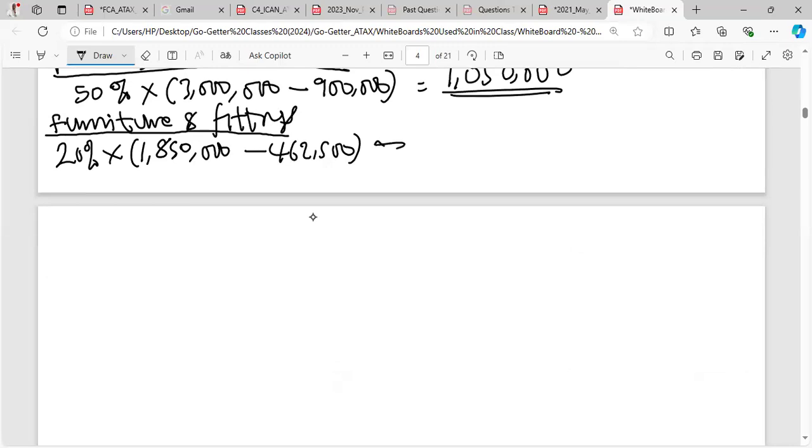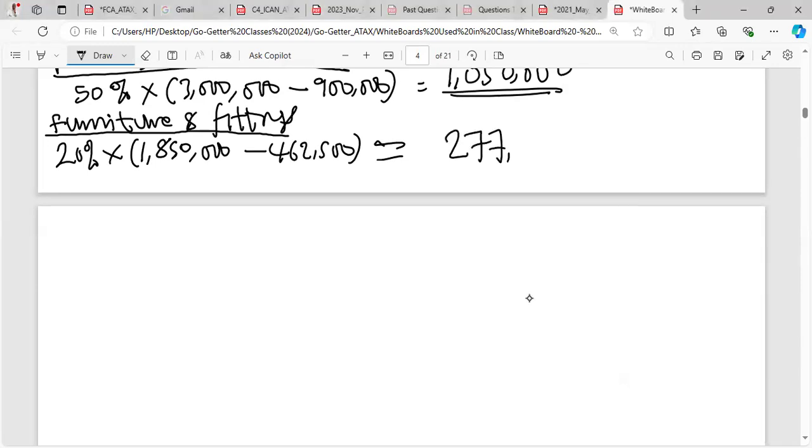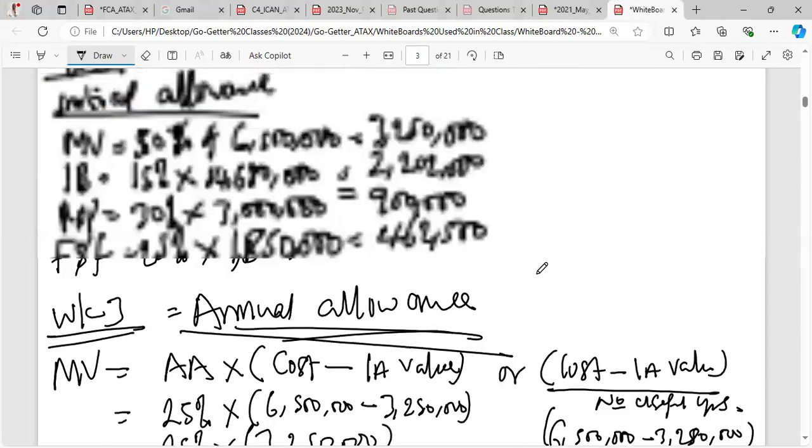So what I will do now, I will bring up the calculator again. 1,850,000 minus 462,500 gives me 1,387,500 multiplied by 0.2, which is 20%, 277,500. So we'll take it up, 277,500.